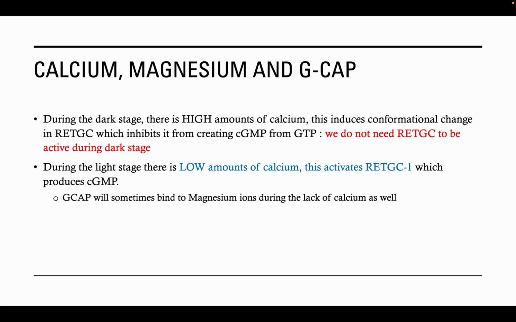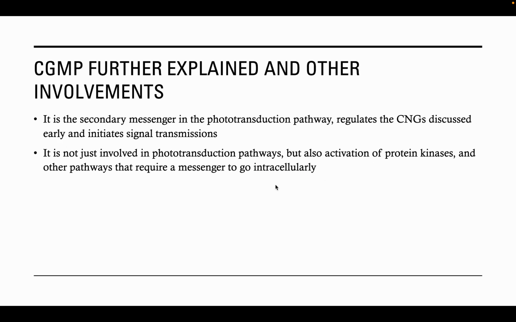Sometimes GCAP will also bind to magnesium ions when there's no calcium, but that is in the active stage because there's no calcium. So it signals it, okay, I need to bind to the RET-GC. There are also other involvements of cGMP. I'm sure you guys have heard of GTP before, but this is just how it works in the guanylate cyclase 2D gene, which codes specifically for the retinal side of it.